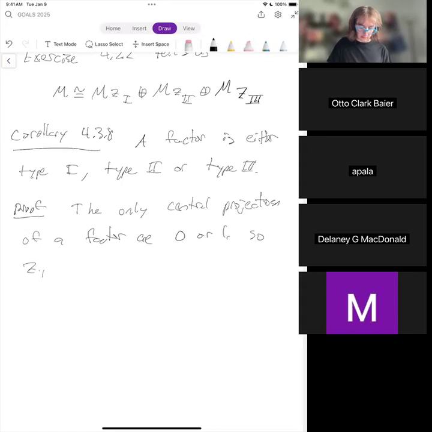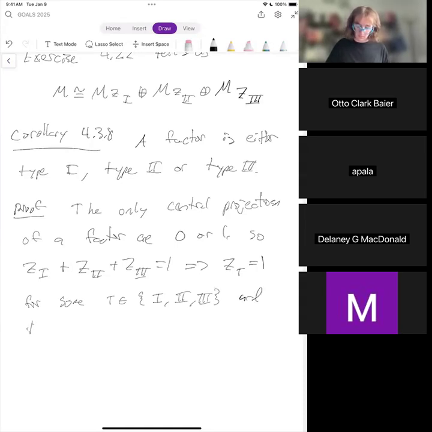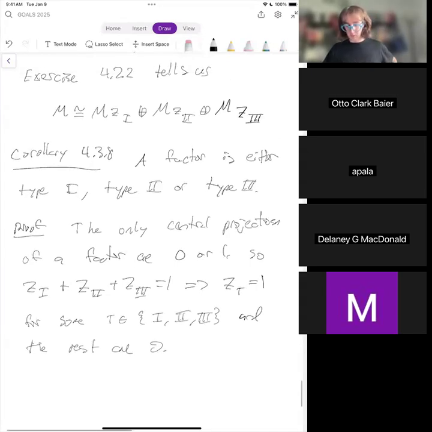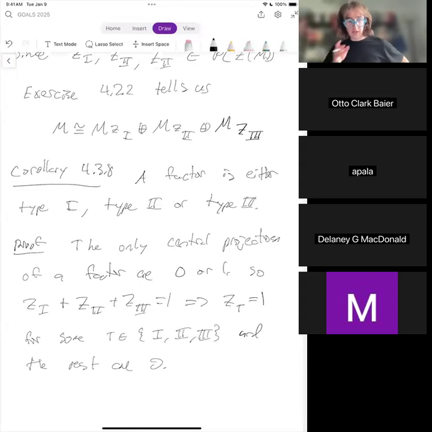So when you look at this decomposition, C1 plus C2 plus C3 equals 1 by the type decomposition theorem, this implies that only one of these is 1 and the rest is 0. Okay, so a factor will always have a type.